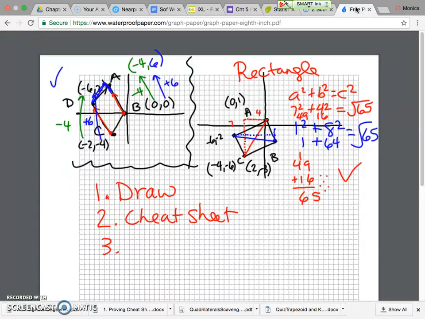And step 3 is prove it. And remember, the math you're going to be doing is slope, a squared plus b squared equals c squared, midpoint formula, and perpendicular lines are opposite and reciprocal.